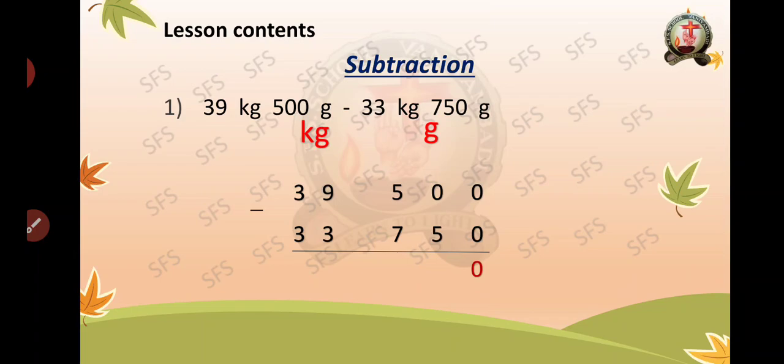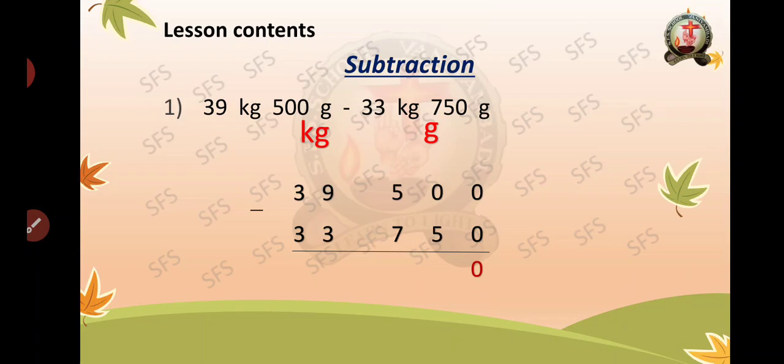In such a case, if the number is smaller than the number being subtracted, you have to borrow from the neighbor number. Now, what is the neighbor number of 0? It is 5. So, 0 will become 10 now. In the first step, if it is a smaller number, you have to borrow from the neighbor.